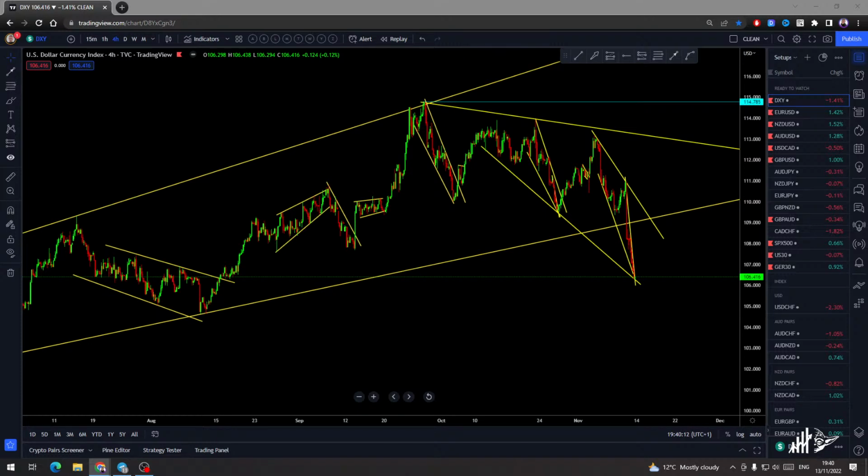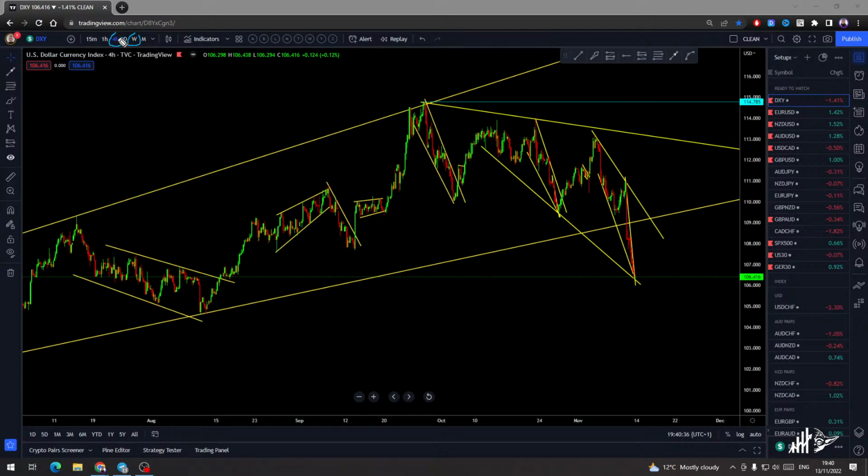Beginner question: is there a 4-hour chart you're mostly watching? No, I'm watching all charts. I always start with the weekly. If I start from scratch, I start with the weekly, then I go to the daily, and then the 4-hour. Without starting with the weekly and daily, I cannot just rely on the 4-hour.